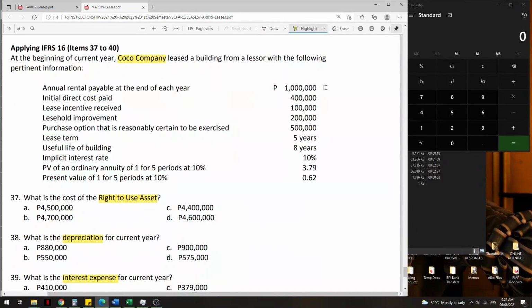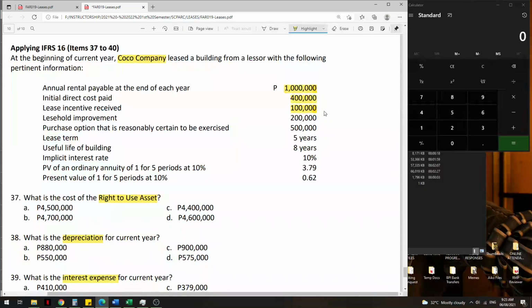Given, rental payable or lease payments annually is 1 million. Initial direct cost, which if you can remember, is actually added to our lease liability if we are going to compute right of use asset, right? So added to. Also, lease incentives, remember the computation earlier?